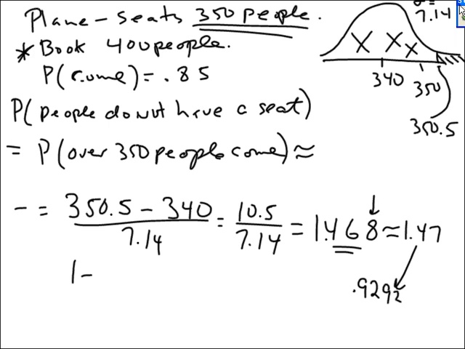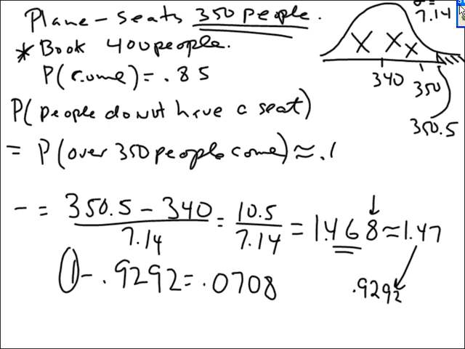I want 1 minus that, 1 minus 0.9292, and this is 0.0708. And that is our very, very good approximate answer, which is mind-boggling, because this is 7.08%.